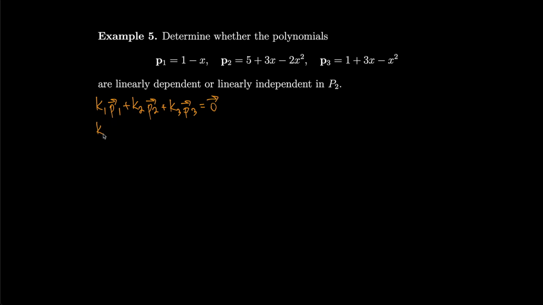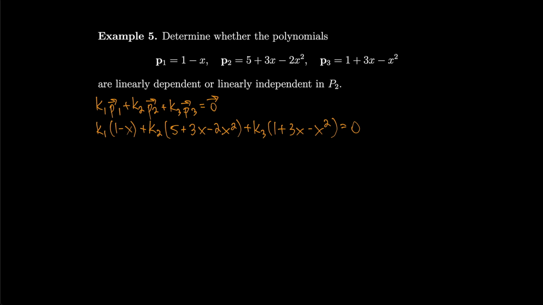And I'll replace the P's, so k1 times 1 minus x plus k2 times 5 plus 3x minus 2x squared plus k3 times 1 plus 3x minus x squared, and that should equal 0.